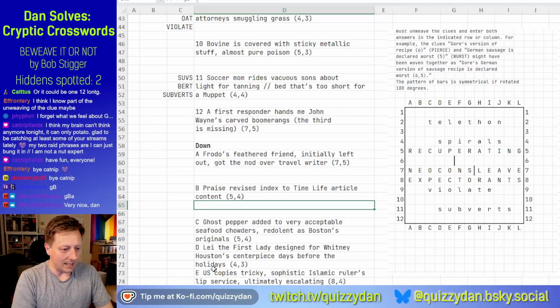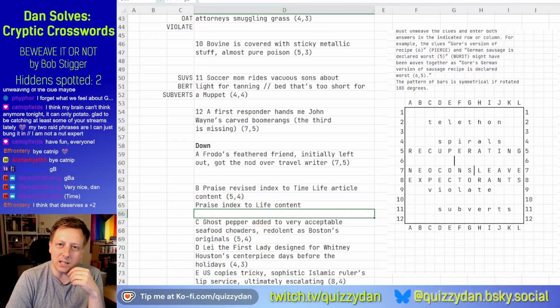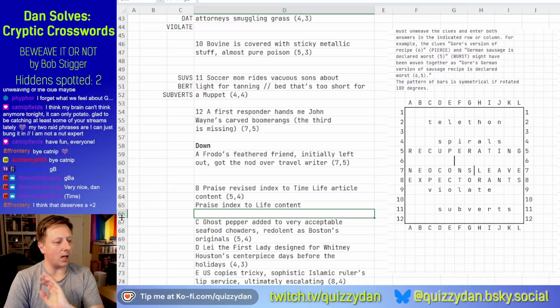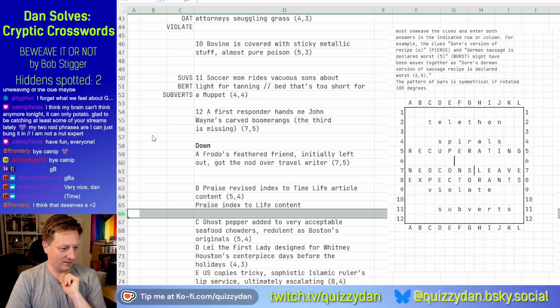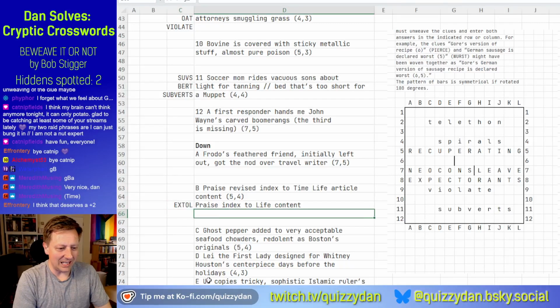If you praise index to life, and that's content. It really does, effrontery, but no, I shall restrain myself. Because it's extol, and that's in there. Very pleased with that. But all that leaves is revised life. Oh, article.